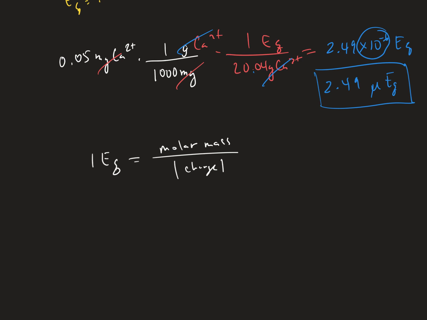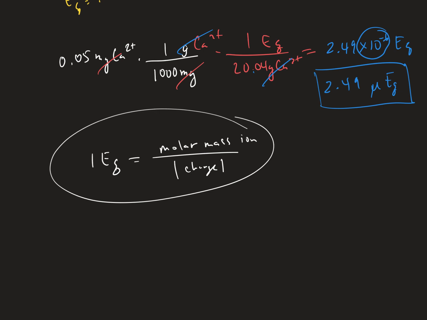Then this is a conversion factor, and you use it when you want to find the number of equivalents, or the number of equivalents per liter of blood. And it's just the absolute value of the charge.